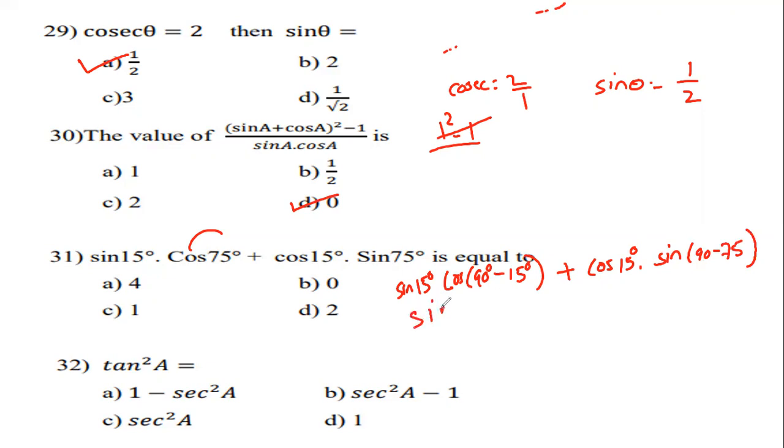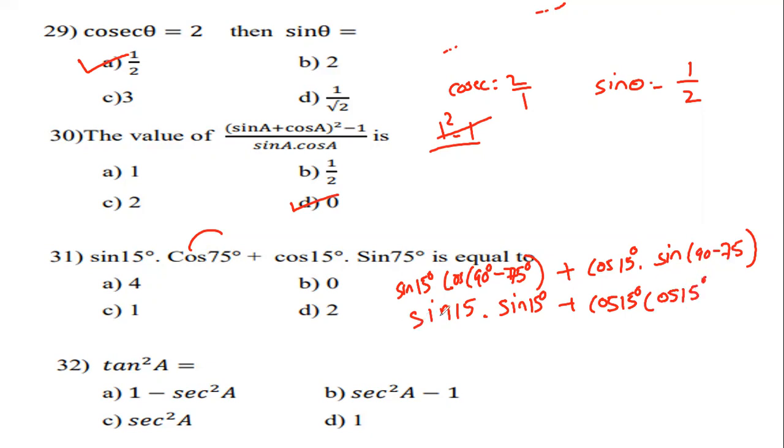So here sin 15 degree cos (90 minus 75) is sin 15 degree, plus cos 15 degree sin (90 minus 75) is cos 15 degree, complementary angles.